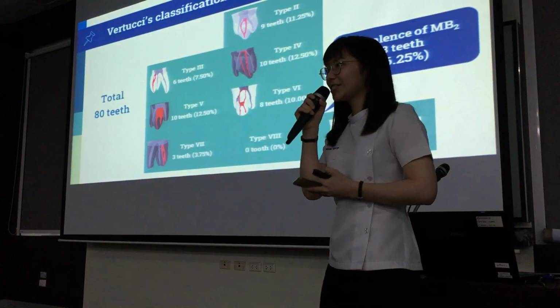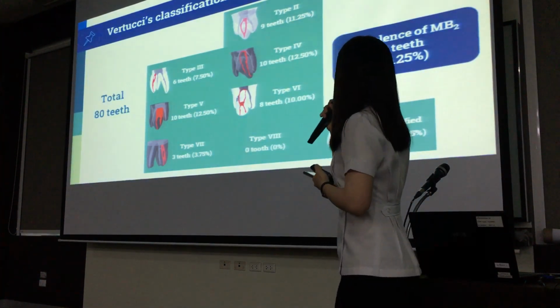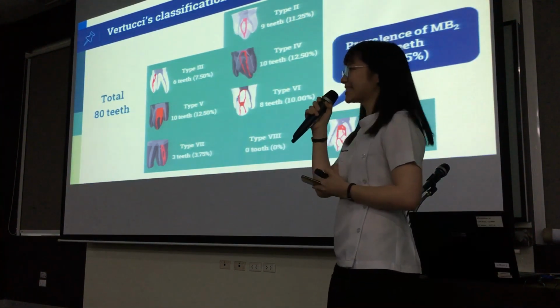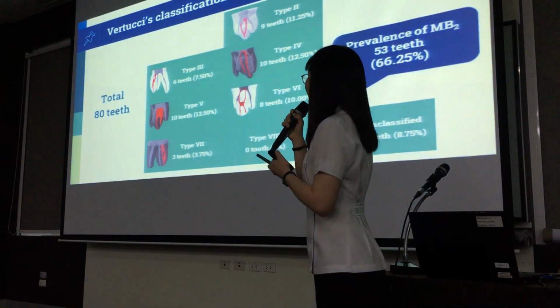So, the prevalence of MB2 root canal in the Thai population was found at 66.25%.